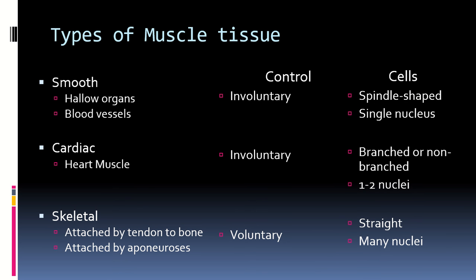And the different types of cells, don't worry too much about this. This is just material that you're expected to be introduced to, but not material I would test you on. Cells of smooth muscle are rather spindle-shaped, and they will typically have a single nucleus, whereas cardiac muscle cells can look either branched or non-branched, where if they're branched, each branch has one nucleus.